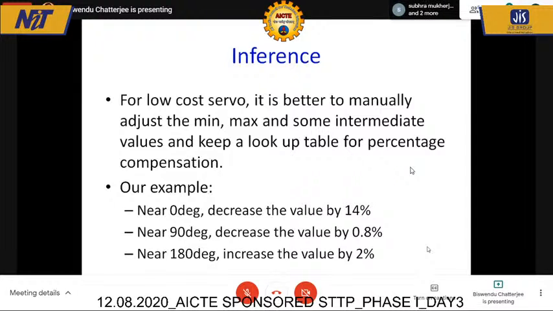Now, if you make a lookup table with some intermediate values also, 45 degree, 75 degree, 60 degree, etc., then your precision will increase obviously. What are the compensations that we need to give when running at this and this amount of degree by the servo?